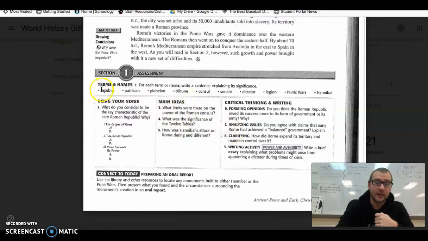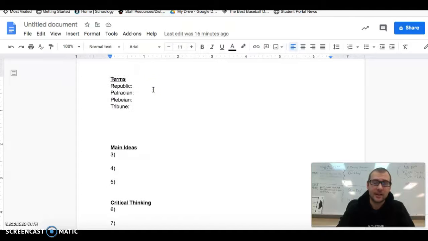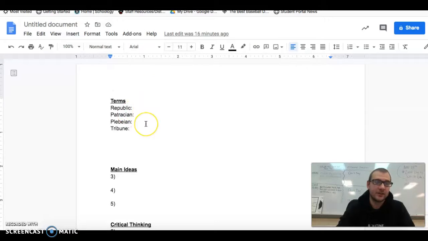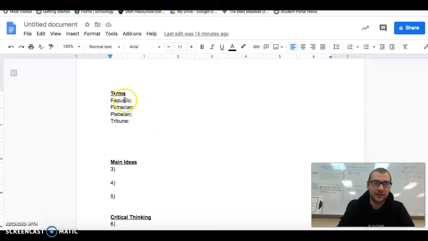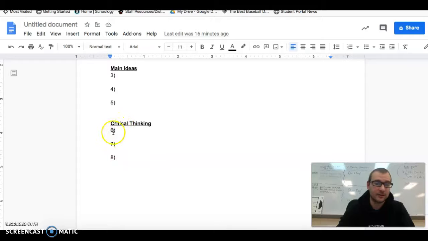So the first thing that you're going to do is all the terms and names. And for this one, just give me a sentence, just what does it do, or who are they, for example, like with Hannibal. So I set up a mock one here. This is basically what you turn in. You'd have your terms here. I just jotted down 4. You'll have to do all of them. And then you'll just do the main ideas, 3, 4, and 5, and you'll do the critical thinkings, number 6, 7, and 8.